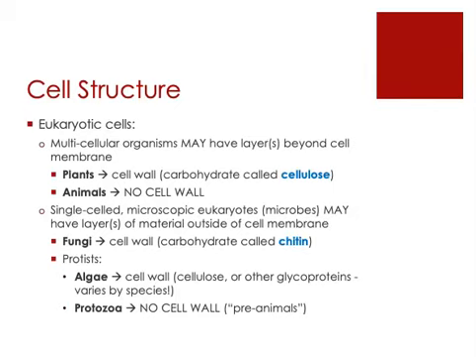For algae, there is a cell wall, and sometimes it's made out of cellulose, just like the higher order plants. But algae can have cell walls made out of other materials. Remember, we mentioned agar, and we mentioned carrageenan. It depends on the species for algae, what their cell wall is going to be made out of. The protozoa, the primitive animals, don't have a cell wall, just like the more advanced animal species.